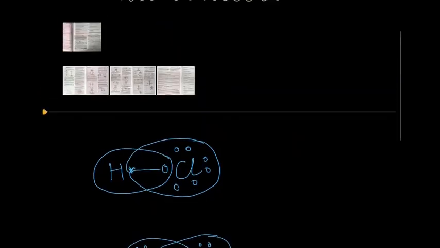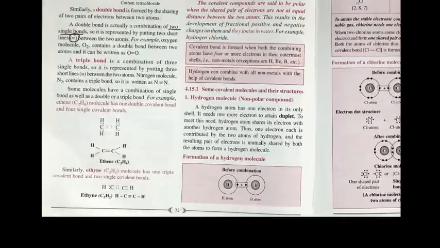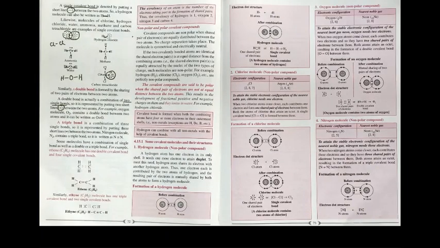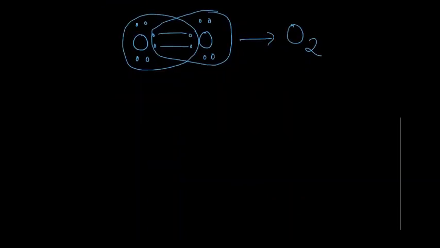Similarly, a triple covalent bond is a combination of 3 single bonds. Now let's see the formation of a triple covalent bond. Nitrogen has 1, 2, 3, 4, 5 electrons in its outermost orbit, and there 1, 2, 3 pairs of electrons are shared.